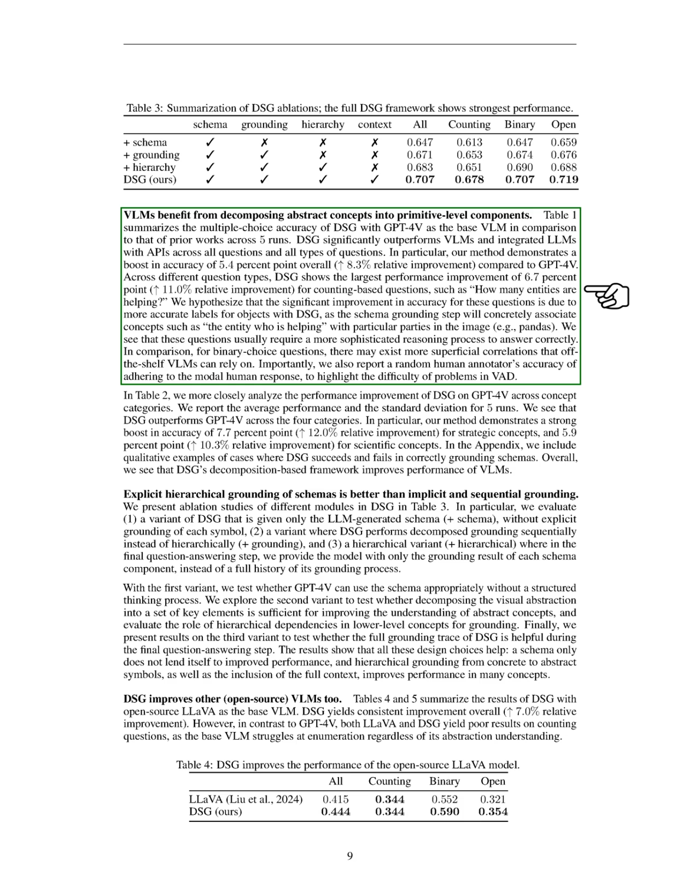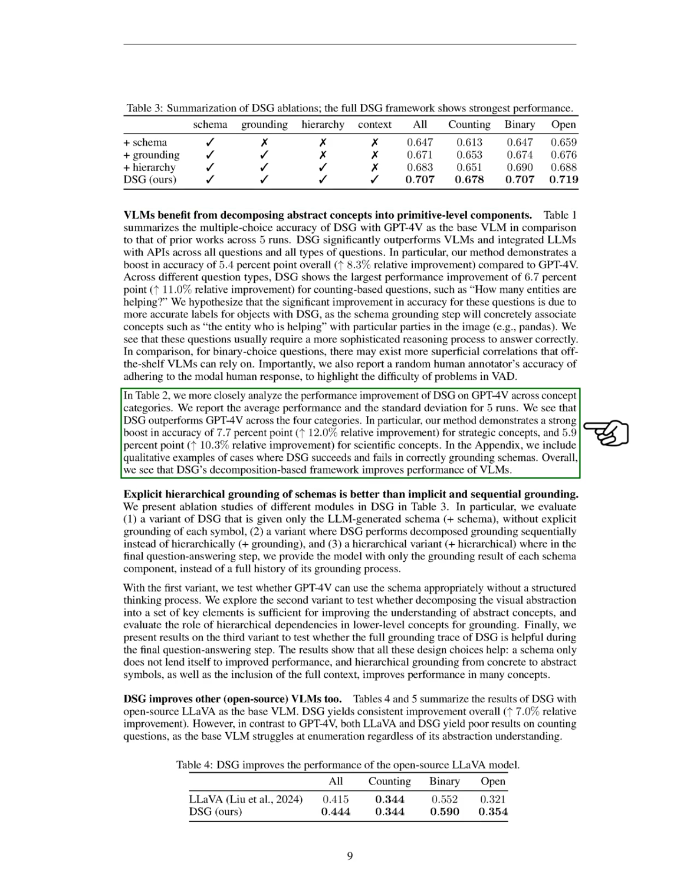We believe this improvement stems from more accurate labeling of objects through DSG, which connects concepts like the entity who is helping to specific elements in the image. We also report the accuracy of a random human annotator to emphasize the challenges present in VOD.